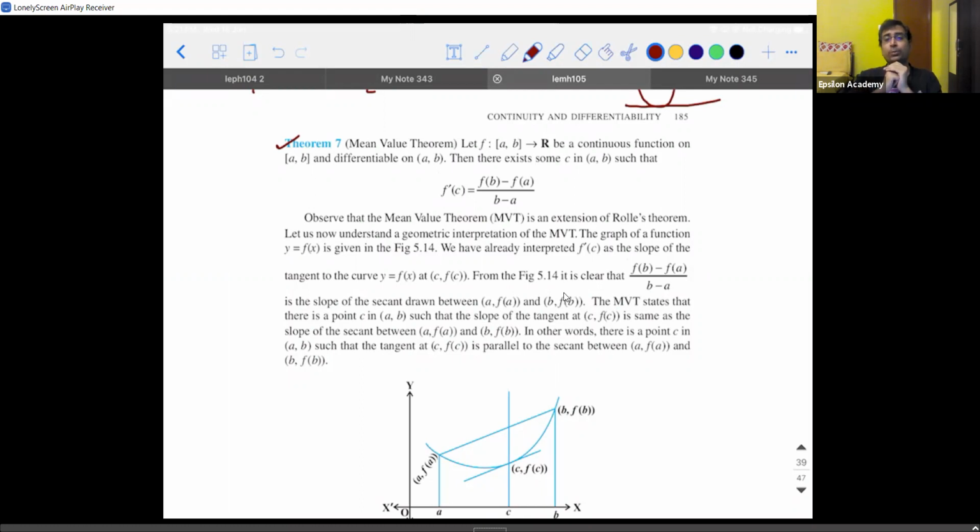Second, it should be differentiable on the open interval a to b. These two conditions should be satisfied. These two are a part of Rolle's theorem also. The one extra thing in Rolle's theorem is that f of a is equal to f of b, and that will be missing in this. That's it.